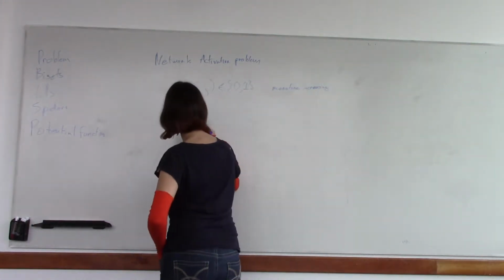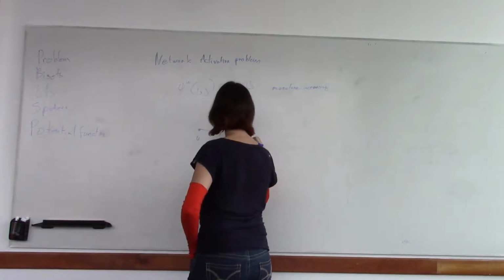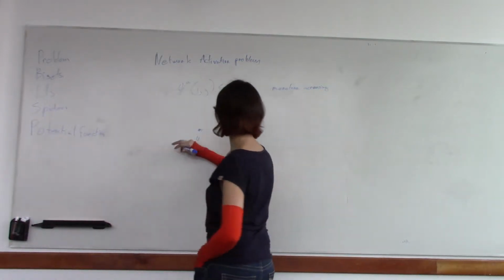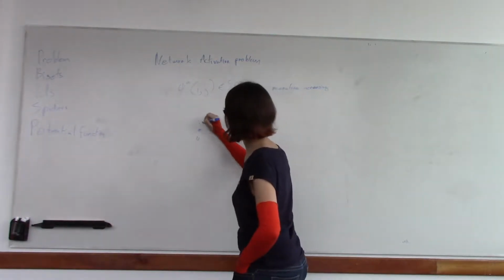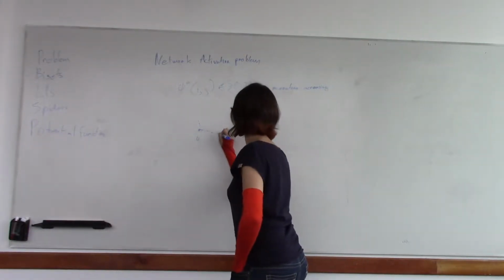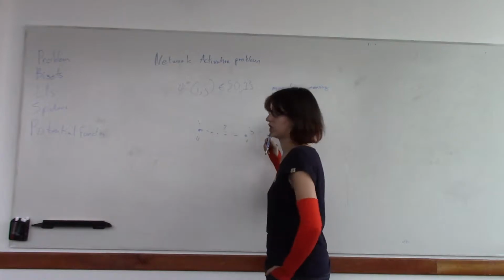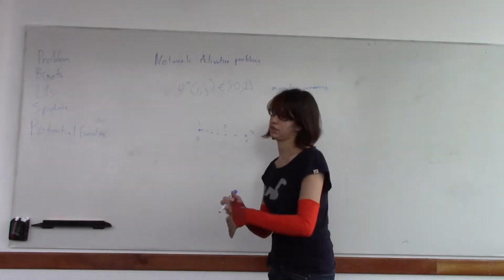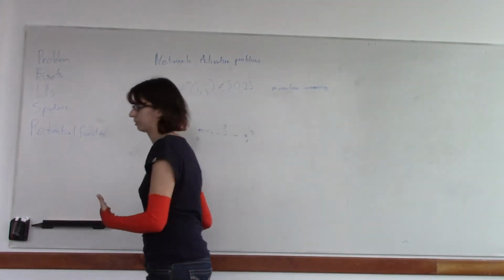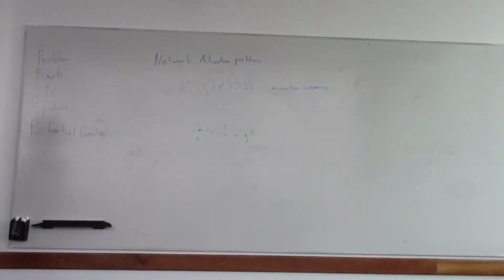So I have my edge uv, with U and V, and then I have weight i here, weight j. Do I have this edge or not? And when I increase j, it will never unactivate the edge, which is what you would expect to happen. It's a monotone Boolean function.